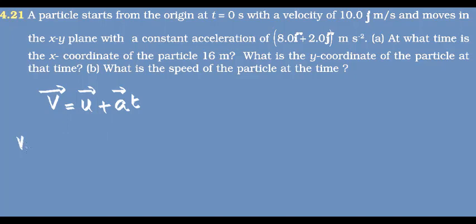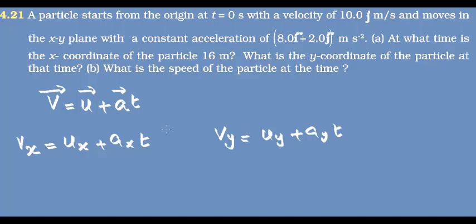You can write the x component: vx equal to ux plus ax into t, and the y component: vy equal to uy plus ay t. Now what is the initial velocity? The initial velocity vector u is given as 10j, so that has no x component.